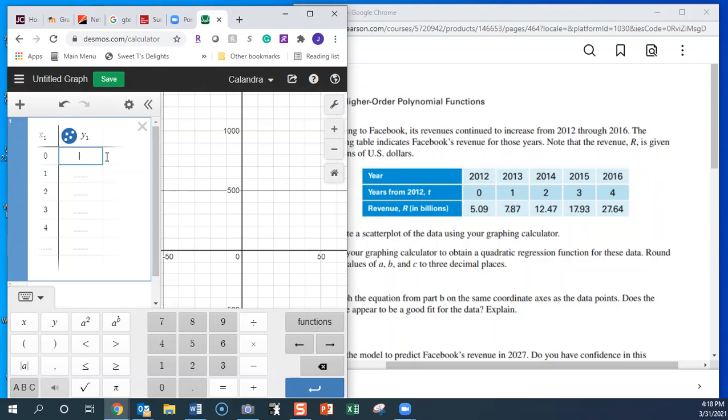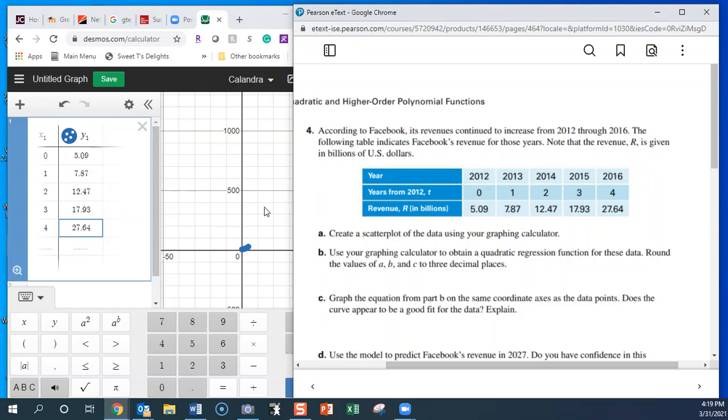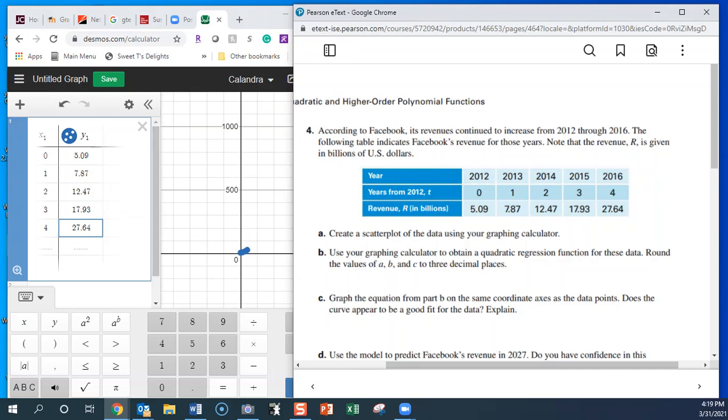Then we would type in the values, 5.09, 7.87, 12.47, 17.93, 27.64. Okay, so we put in those values, and then we could take a look at the scatter plot.